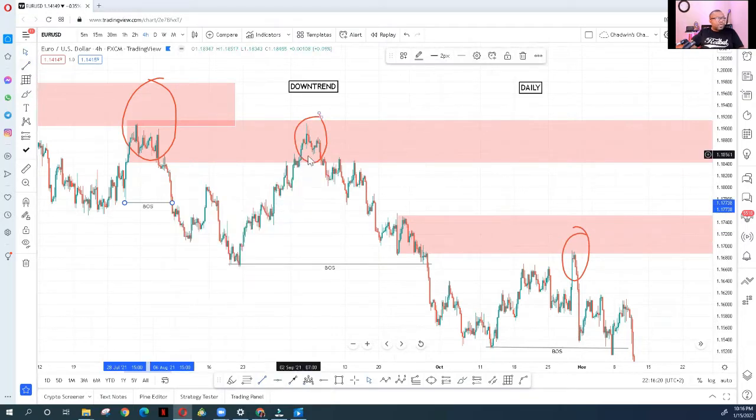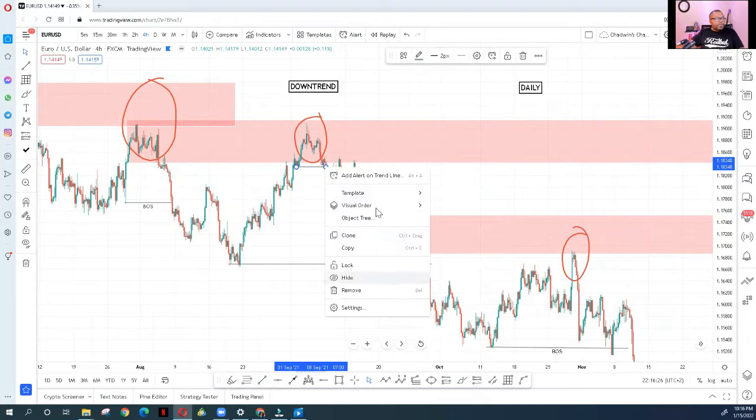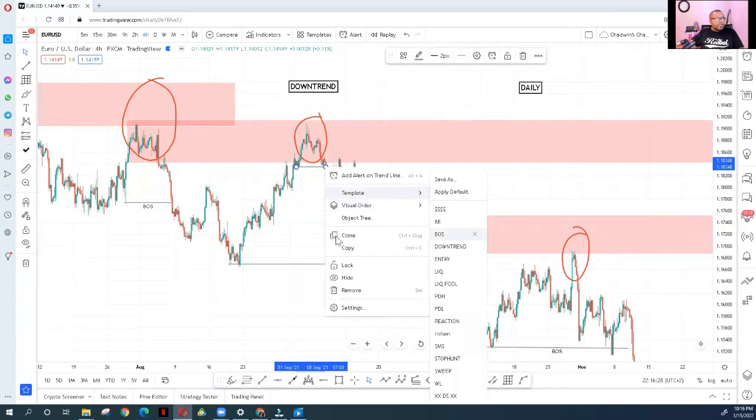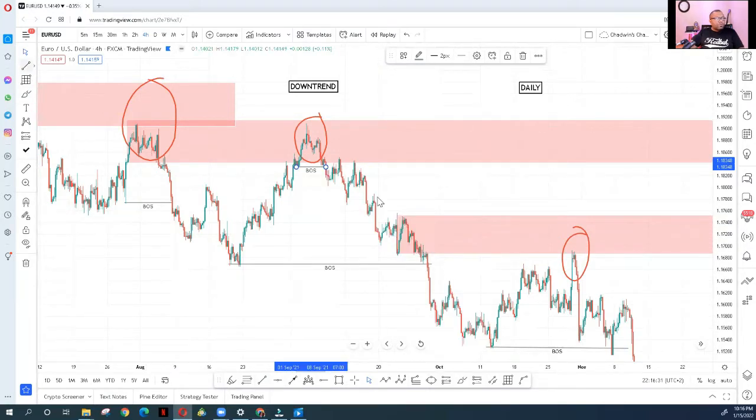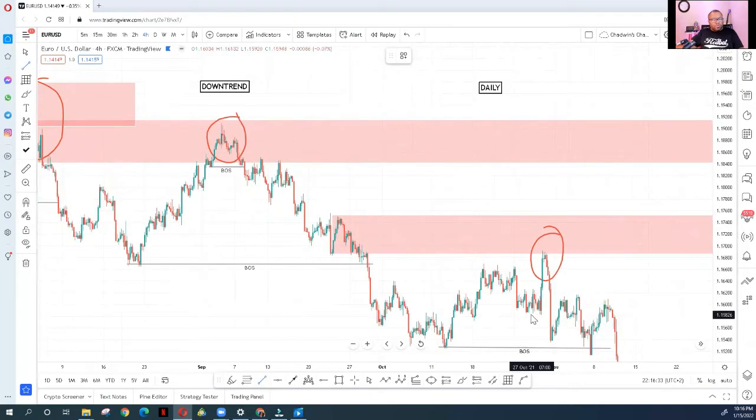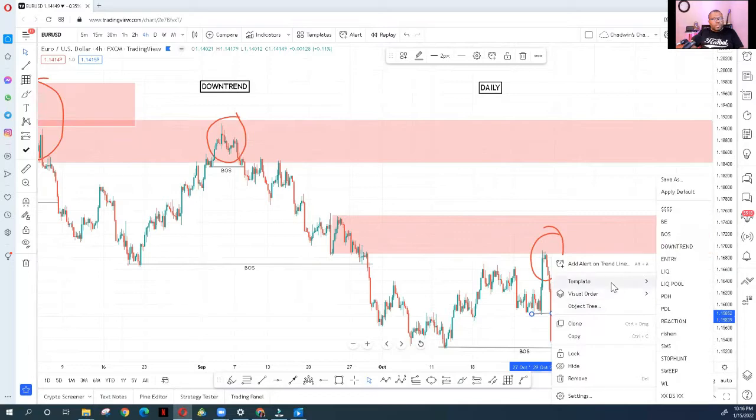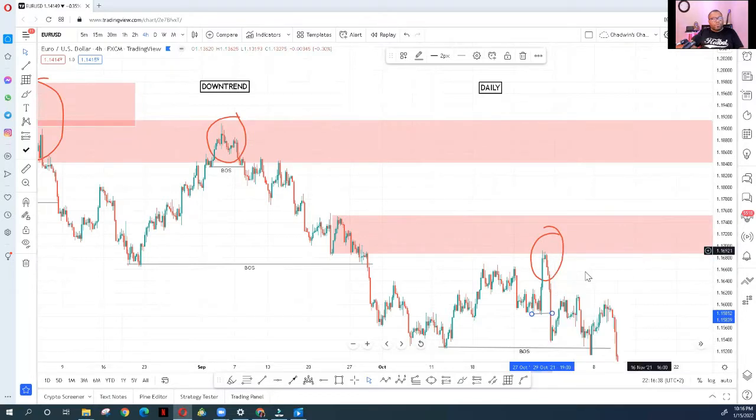We also had one over here. Okay, this is going to get good, right? And then we also had one over here. So already between the higher time frame and the lower time frame, I'm seeing some common themes.